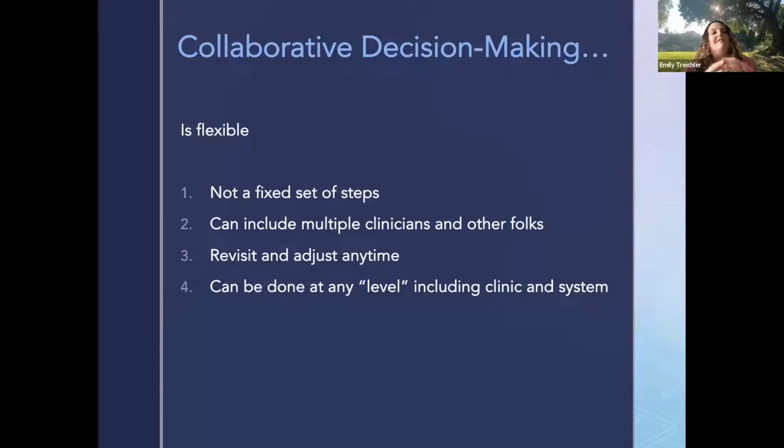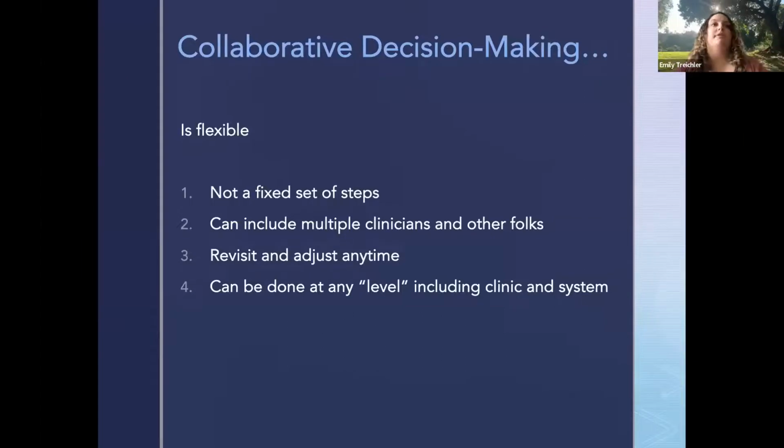And then finally, although most of this talk today, I'm going to talk about decisions that we make with our clients that we're working with directly. And that's how we often think about clinical decision-making. We can also think about collaborative decision-making as happening at other levels. So at the clinical level, at the system level, even at the policy level.